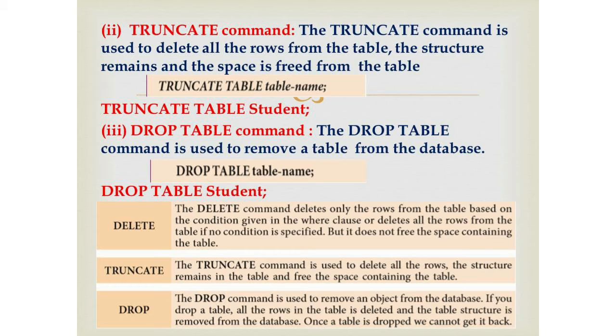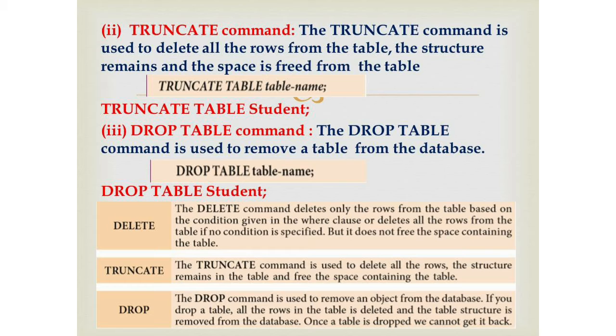To delete all the rows, the command is DELETE * FROM student. Star means all, right? The table name is student. After executing the statement, all the records, all the rows in the student table will get deleted. Now the table is empty.